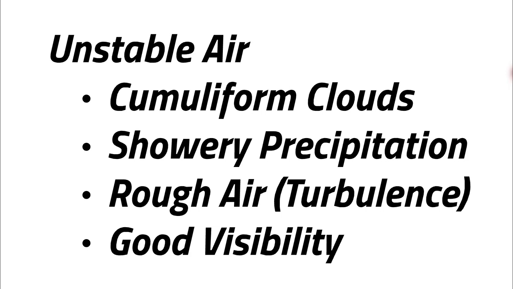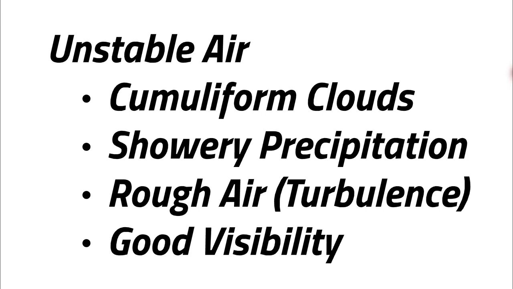It's pushing up against the atmosphere, and as that air rises, it takes humidity with it. As the humidity gets up at altitude, it starts to condense and form clouds. In unstable air, you get what's called cumuliform clouds. They're the puffier clouds that look like cotton balls.